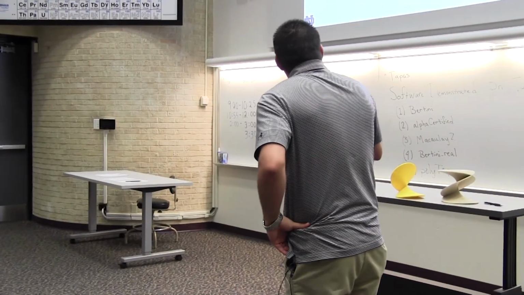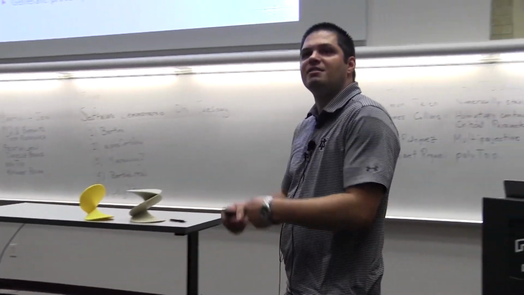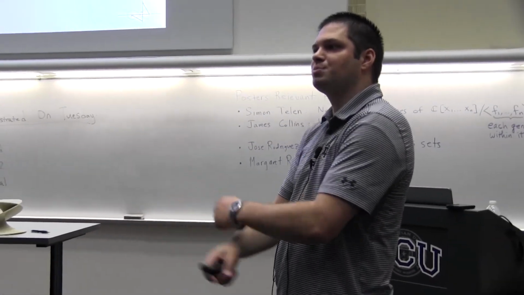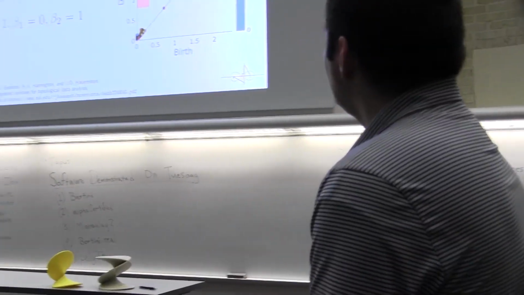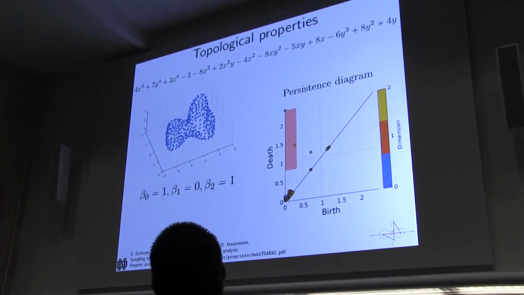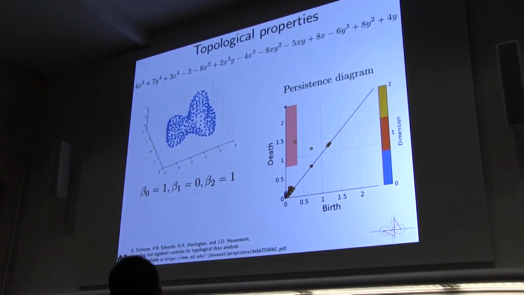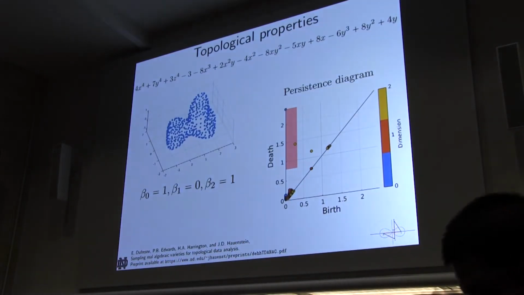So we generate these provably dense samples using numerical algebraic geometry, and you can get theorems from those point clouds about the topology. Here is a surface, and here's a sampling generated by Bertini with this method that we developed.